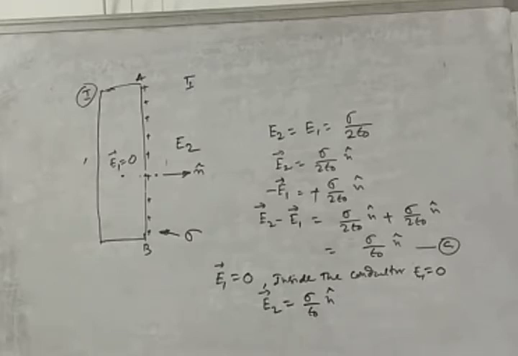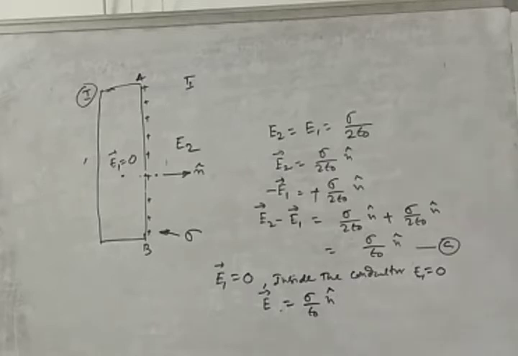E2 vector is equal to sigma by epsilon naught n hat. Or rather, we can say E is equal to sigma by epsilon naught n hat, which is normal to the surface at that point. This is the first part of the question.